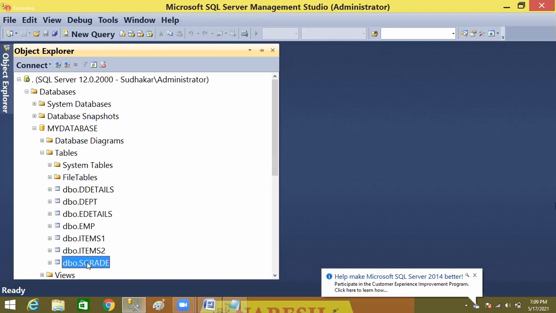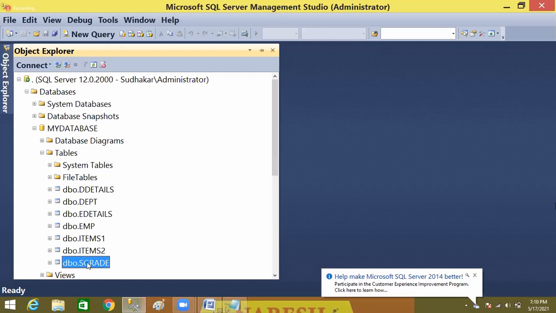So to overcome these problems only, in every database you can see, for each piece of information, separate tables are designed by people. Yes or no? So now EMP is one table, in that EMP data is stored.